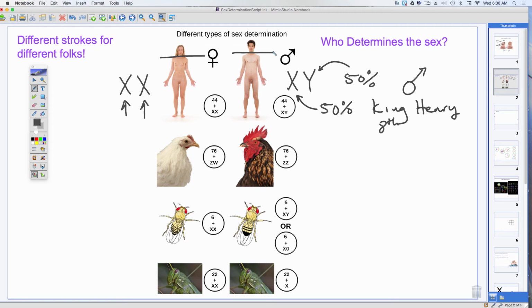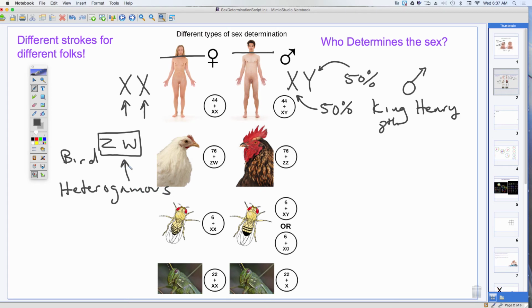Now, in contrast, if you were a bird, hens are ZW, and so we say that the fact that the sex-determining chromosomes are different, we describe this as being heterogamous.